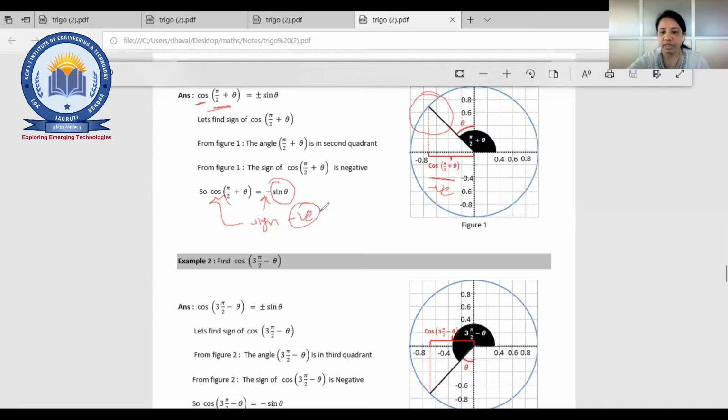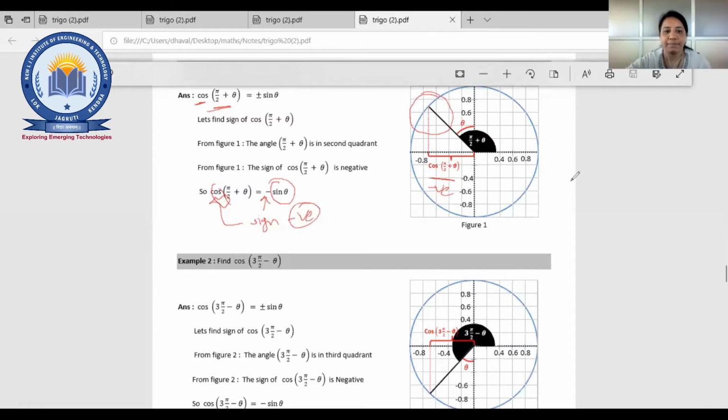One student has also written how we get the sign, right? That sign will depend upon the left side of the function, that is cos. And in which quadrant? Pi by 2 plus theta means it will be in the second quadrant, right? We have just seen that in the second quadrant, the sign of cos will be negative, and the sign of the sine function is positive.